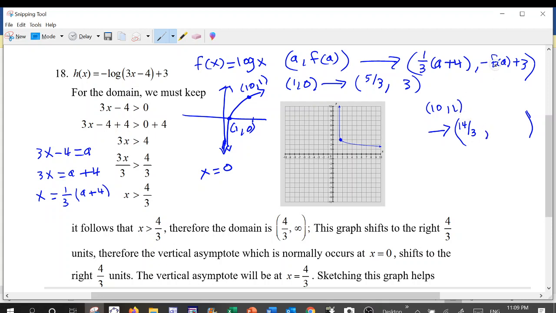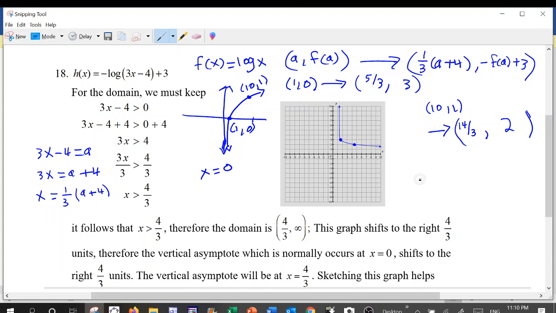And then 1 goes to negative 1 plus 3, which is 2. So 14 over 3 is 4 and 2/3, and 2. About right here, and 2. So that's where it goes, right?